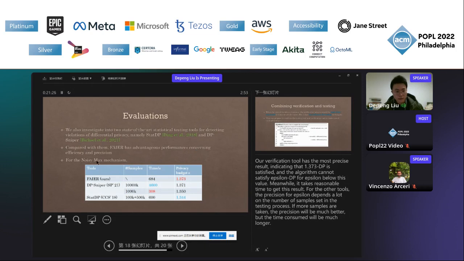For the noisy max mechanism, our verification tool has the most precise result, indicating that 1.373-DP is satisfied, and the algorithm cannot satisfy epsilon-DP for any epsilon below this value. Meanwhile, it takes reasonable time to get this result.